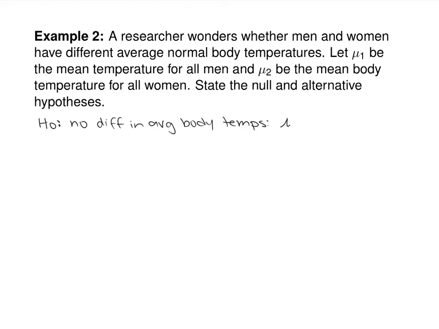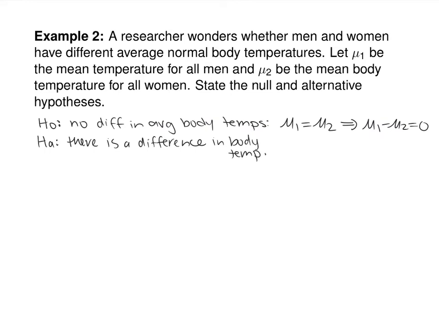That would be mean 1 equals mean 2, or more commonly, mean 1 minus mean 2 is equal to 0. And HA is that there is a difference in body temp.